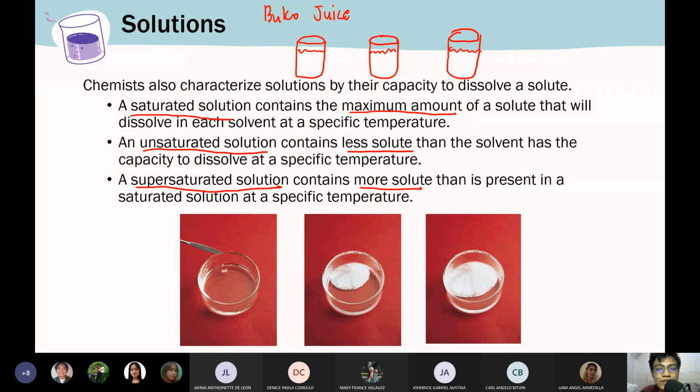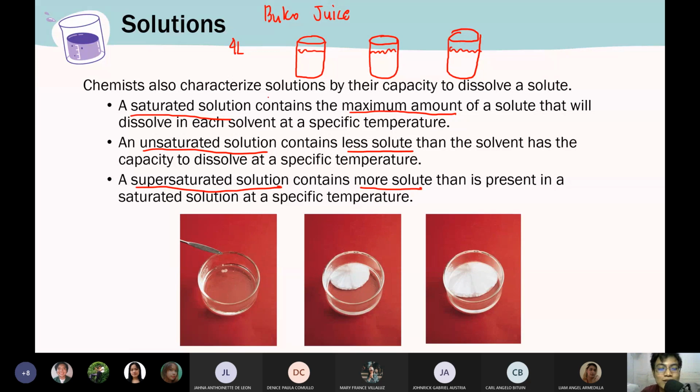Kapag wala kang masyadong solute, let's say isang teaspoon lang ng sugar nilagay mo, do you think it will taste sweet? 'Di ba? Hindi. Kasi isang teaspoon lang 'yun eh. Let's say yung ating buko juice is 4 liters. Nagbebenta ka pala no? sa Tayuman sa FEU. Alam niyo yung Tayuman? Doon yung kainan eh.